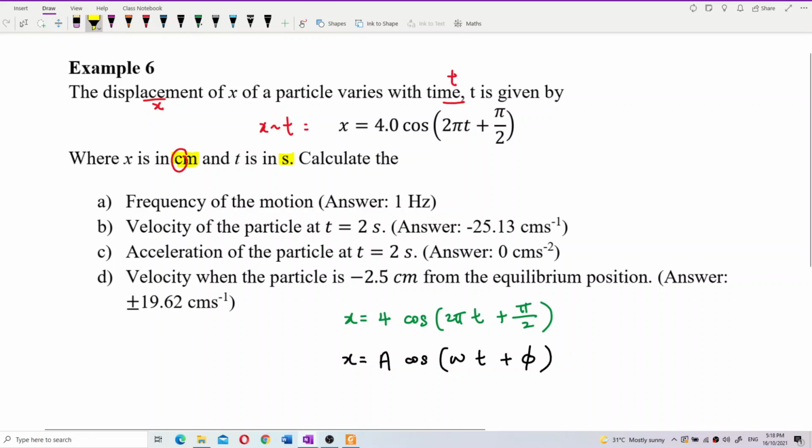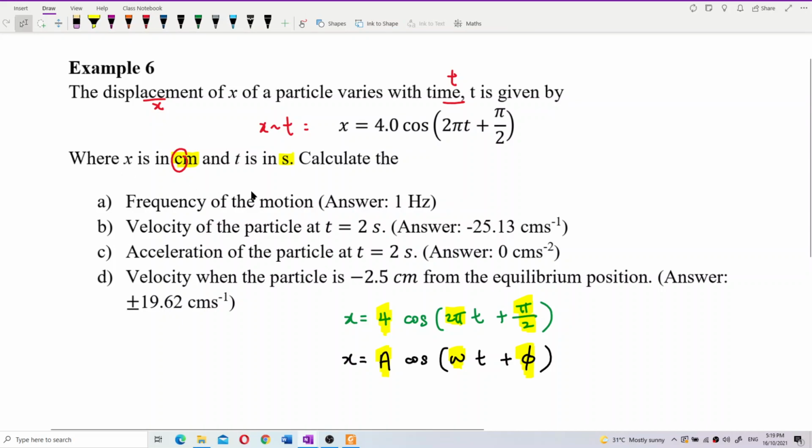This is how we compare. The 4 is the amplitude, the 2 pi is the omega, and the pi over 2 is the phi, the initial phase angle, or the phase constant. Very simple.